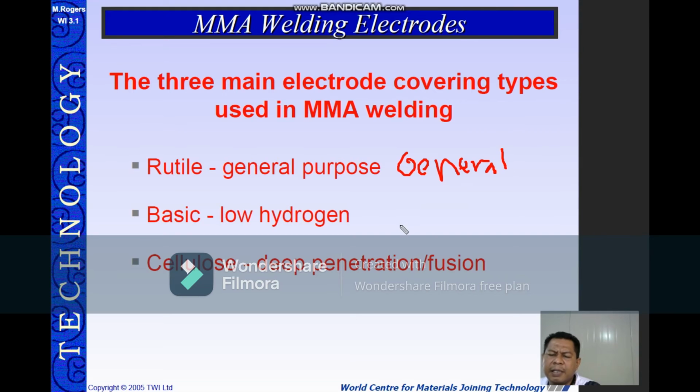Basic is low hydrogen content. The basic electrode is more expensive because it can eliminate cracking, maybe cold cracking or hot cracking, during welding. Cellulose is for deep penetration. Rutile and cellulose have higher hydrogen content than the basic electrode.